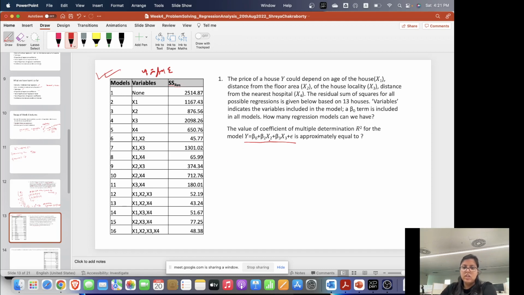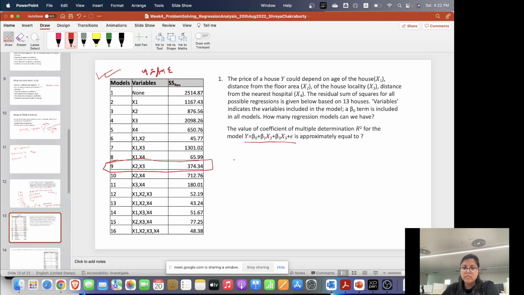So first things first, what are we fitting? We are fitting x2 and x3. So our model is basically this one. Now we are to find out the coefficient of multiple determination based on this one.